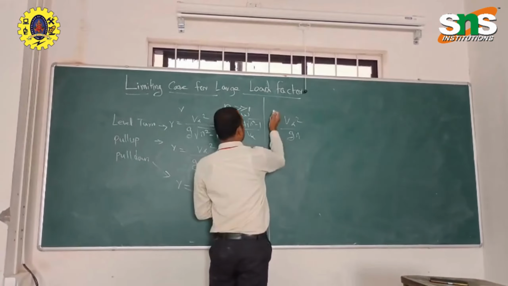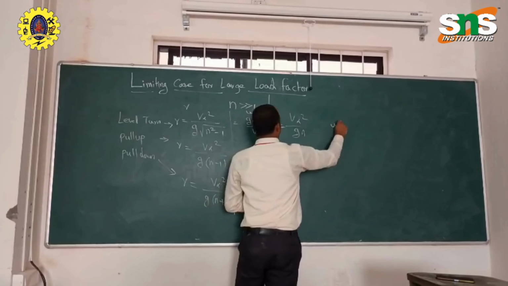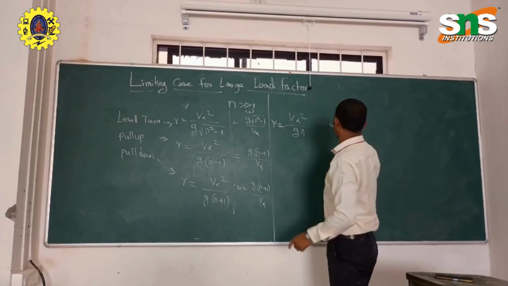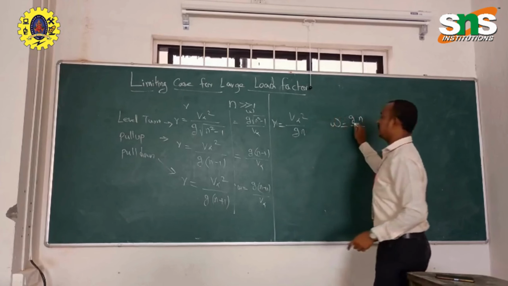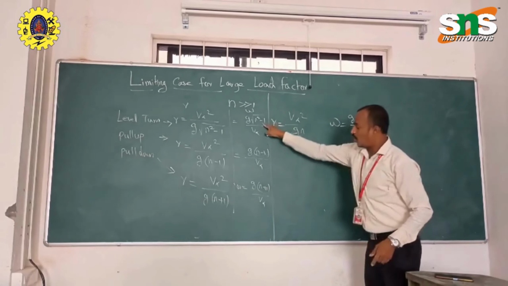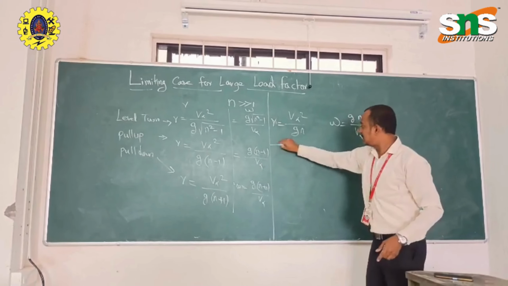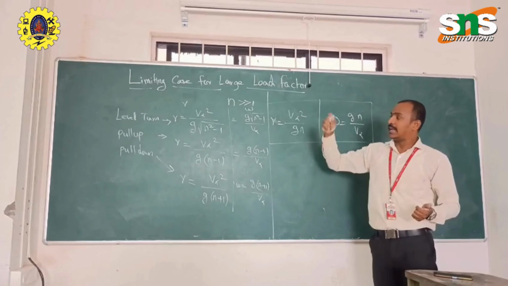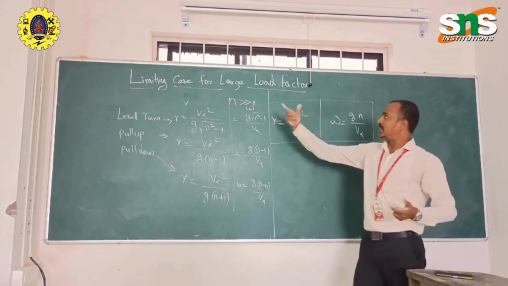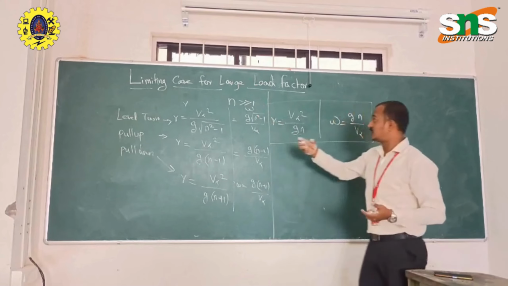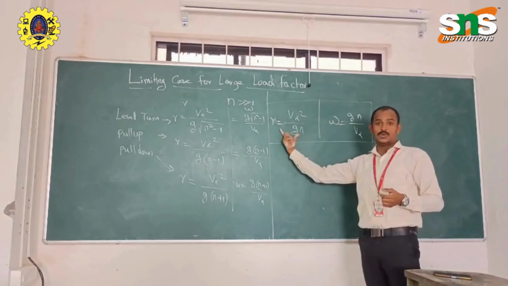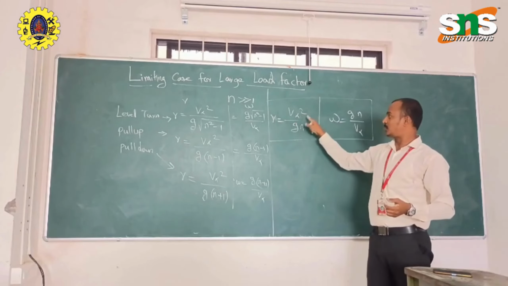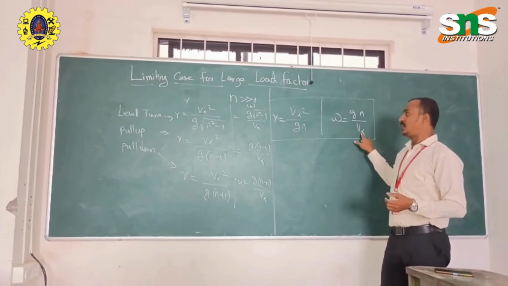Coming to the turn rate, omega will be g n by V infinity, since n is large compared to the unit value. So these two equations help us to understand, for any aircraft in the limiting large load factor case, the turn radius value as well as the turn rate value. So R equals V infinity square by g n, and omega equals g n by V infinity.